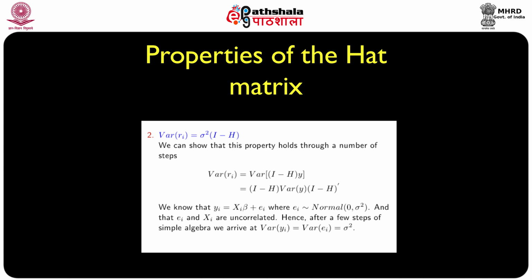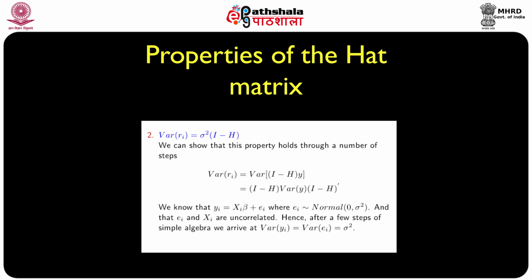Let me start with the variance of residual Ri, which equals the variance of (I minus H) times y, since we have proved that the ordinary least squares estimate of the residual is given by (I minus H) times y. Therefore, the variance of Ri equals (I minus H) times the variance of y times (I minus H) prime.